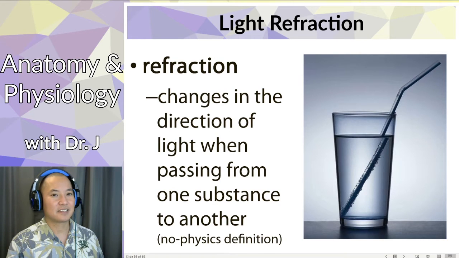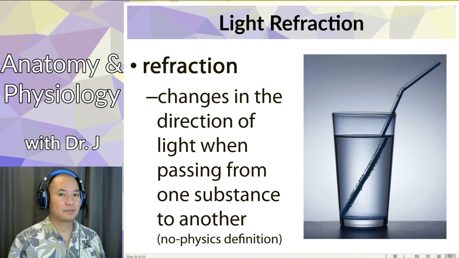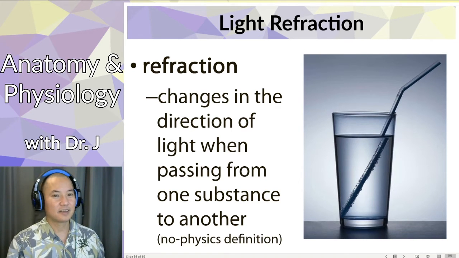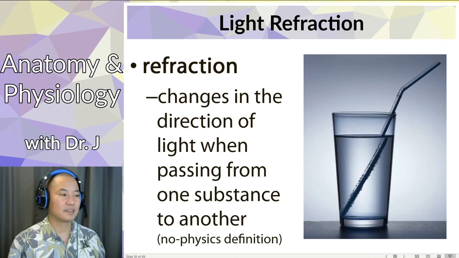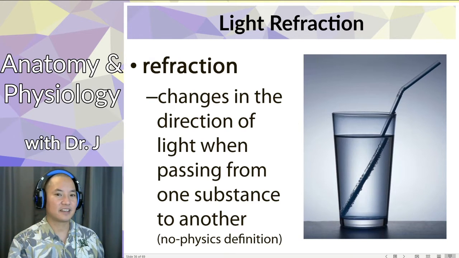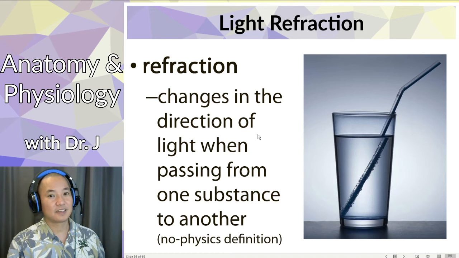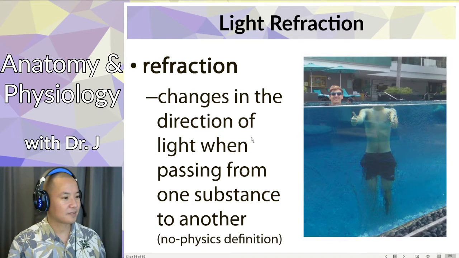When we're talking about lenses, light is not only passing through the lens of your eye. The lens does do refraction, but light also refracts through your cornea. As light enters your eye, passes through the layers of your eye and finally hits the retina, it's undergoing various degrees of refraction just by traveling through the tissues, water, and humors of your eye. So this is why this guy is not actually decapitated; it's due to light refraction.